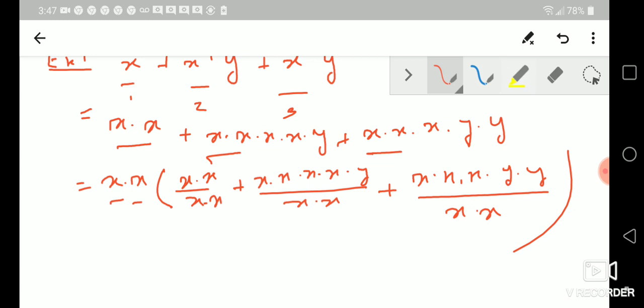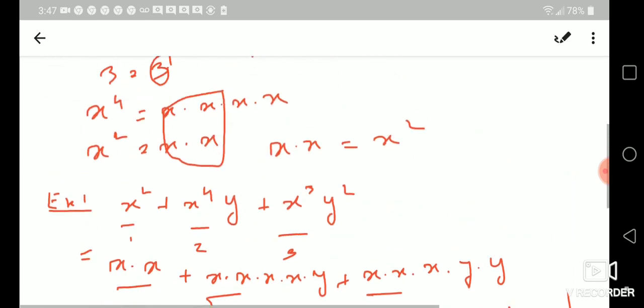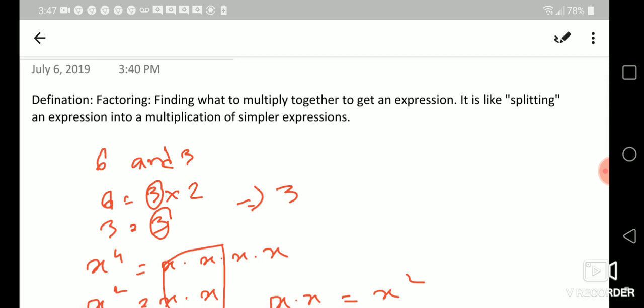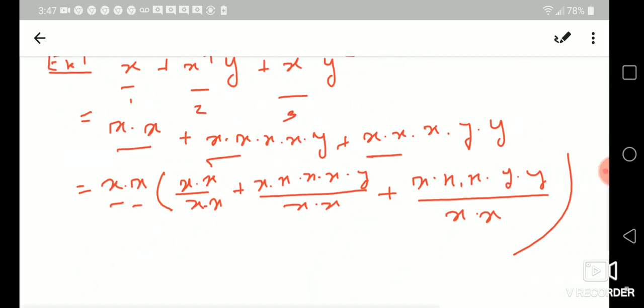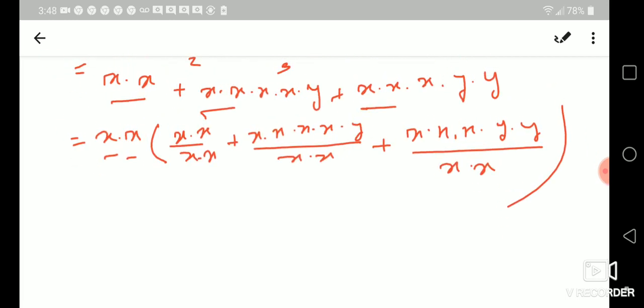Like we have looked at in the definition, let's go back to the definition: into a multiplication or simpler expression. So we're trying to write it as a multiplication expression. That's why we take that common number or variable out, and then we divide all the terms by that factor, and we try to get that into multiplication form.